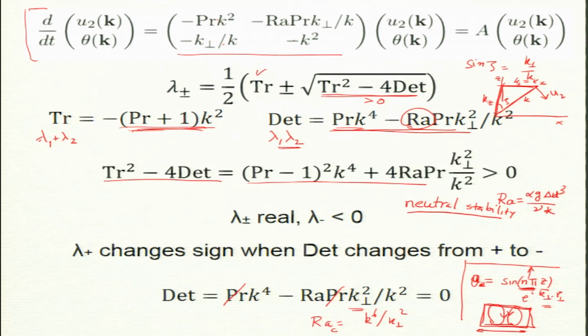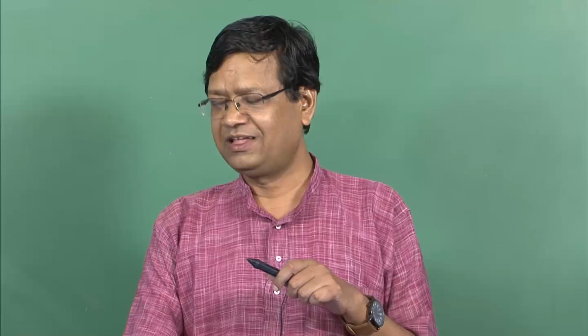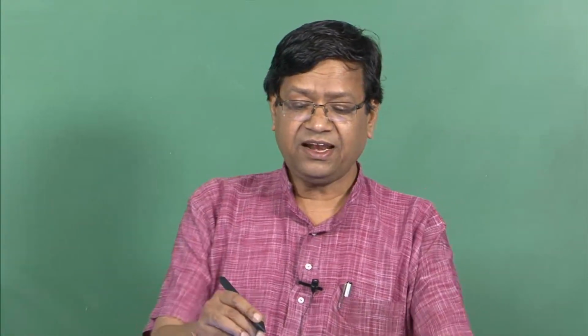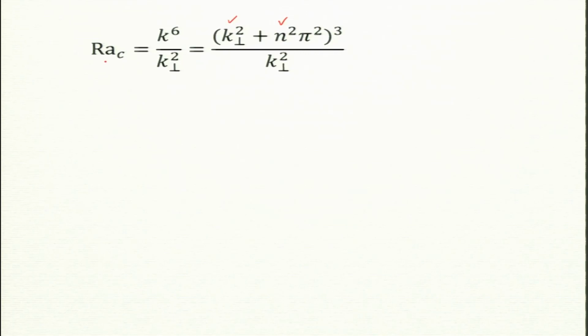Okay, now let us do some more analysis. This is where I have almost derived my condition. I am almost done, not fully, I have this Rayleigh number at which the instability will start. Now, you can easily see that there are many possibilities of k, because many n's are possible, many k's are possible. So, we need to see which one among them grows fastest or grows first. So, this is my Rayleigh critical. Given n and k perp, I have this formula.